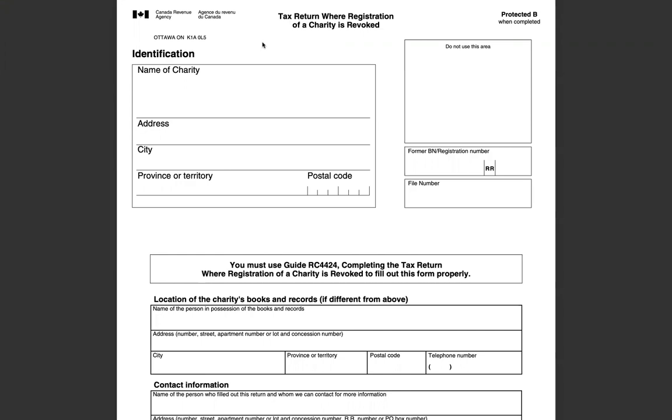You fill the identification section: the name of the charity, the address, the city, the province, and the postal code. Then you must use guide RC4424 to complete the tax return when the registration of a charity is revoked, to fill out this form properly.